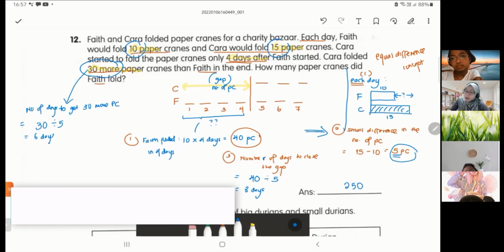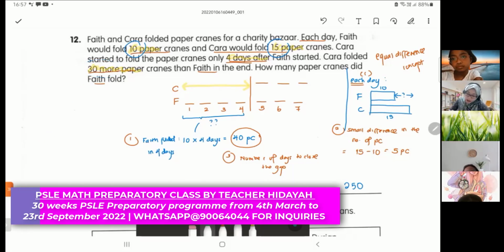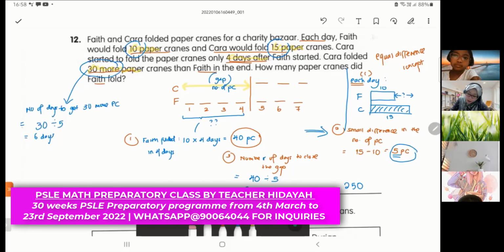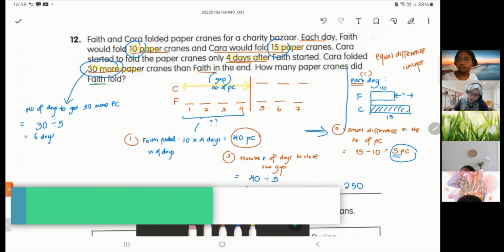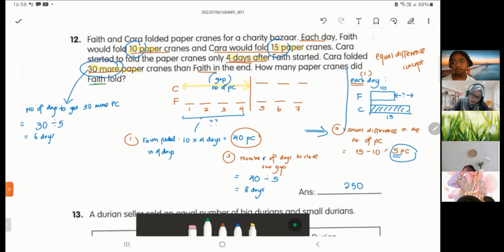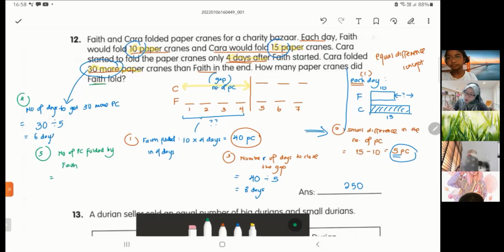Okay. So now I want to know Faith's number of paper cranes, right? I want to know for Faith only. Okay, so this is my step number 4. Lastly, this is how I get my answer. Number of paper cranes folded by Faith equals 4 days plus 8 days, plus 6 days.